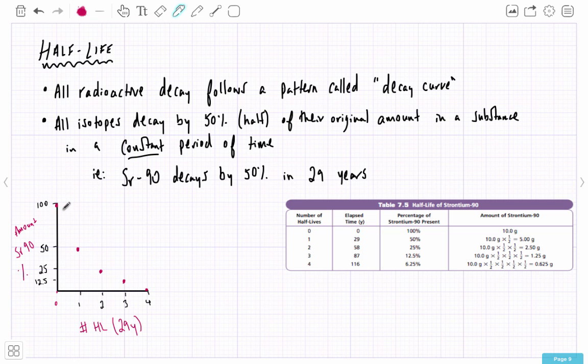And so now what you'll notice is that this occurs via a nice curve which gets closer and closer to the asymptote as it goes down. This decay curve you'll see no matter which type of radioactive substance we'll be using. So whether it's strontium, whether it's carbon, or radium, this decay curve will always be the same. The only thing that changes is the length of half-life.